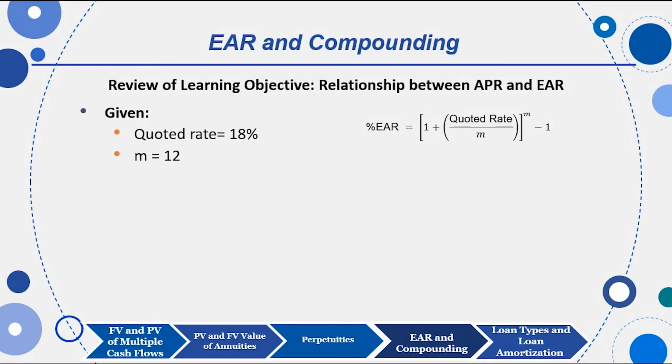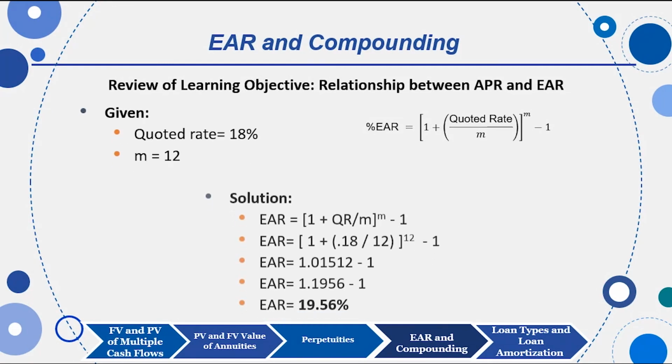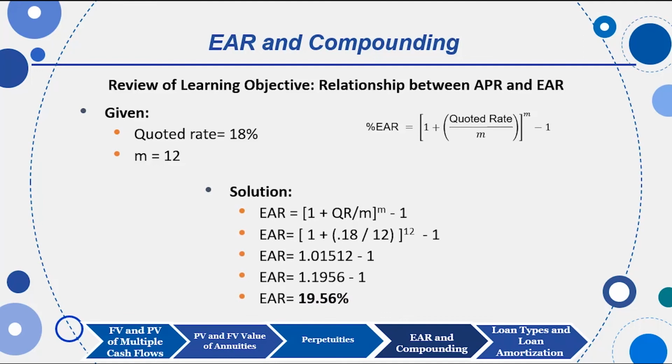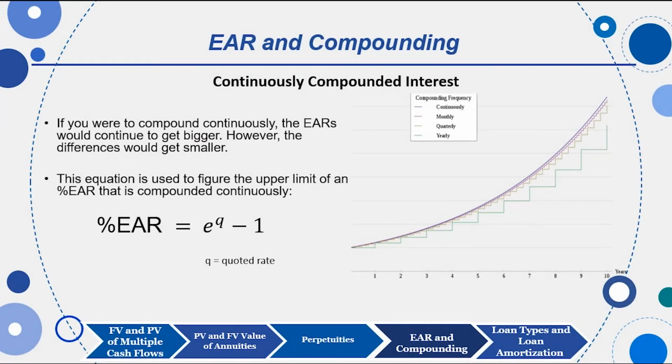So the EAR is 1 plus quantity 0.18 over 12, to the 12th power, minus 1. So you're really paying a whopping 19.56% on that credit card that you thought you were paying 18% on. That's because the bank is only required to give you an APR, a quoted rate or a stated rate.